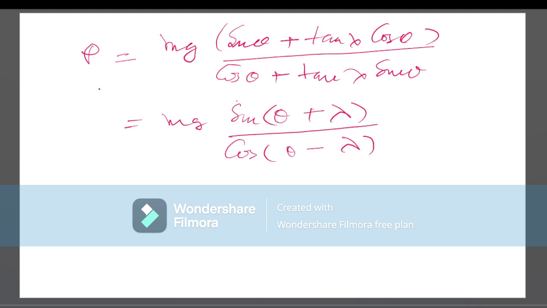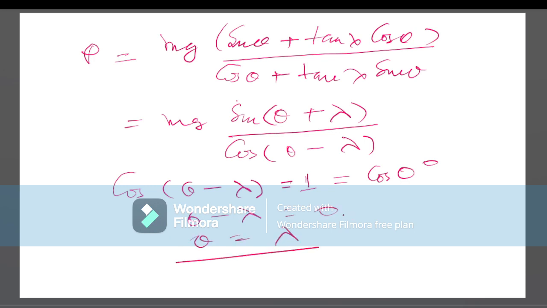So for P to be minimum, that is the minimum force required to pull the body up, cos of theta minus lambda must be maximum. The maximum value of cosine is 1, and this will be cos 0. So theta minus lambda is equal to 0, that is, theta equals lambda.